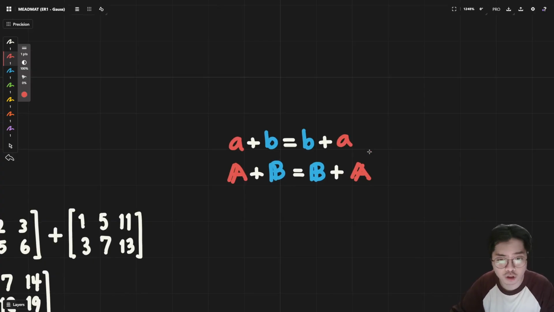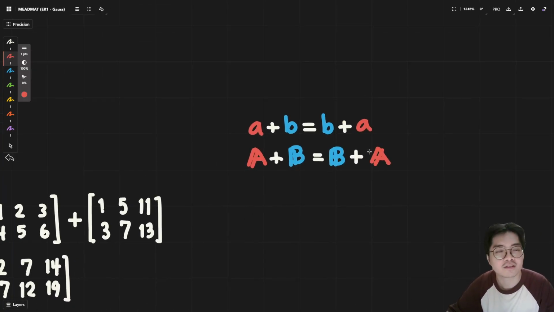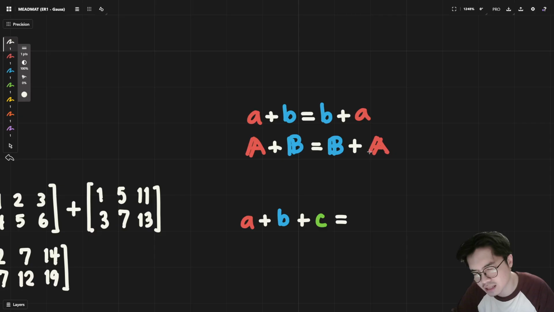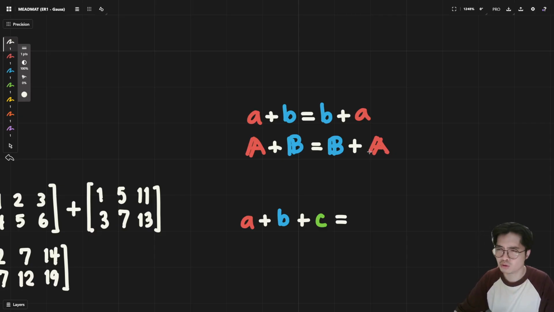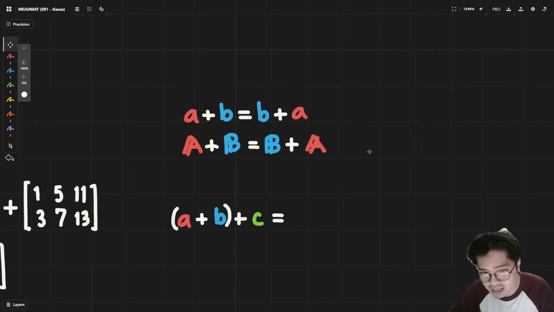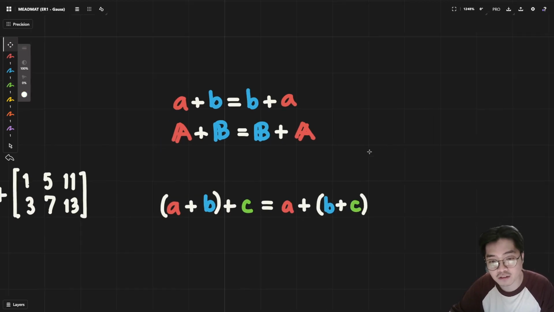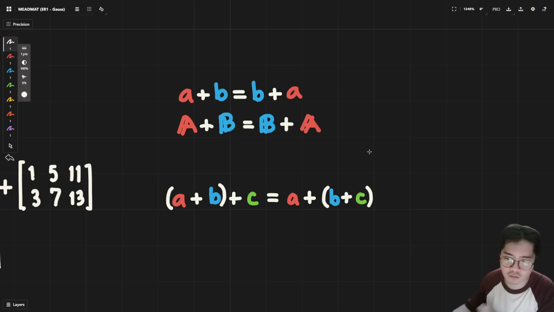Say we have a plus b plus c. The hard part to think about is what am I going to do first? Will I add a and b first and then c? Or what if I just add b and c first, and add that to a? The thing about the associative law is that if it's a number, it doesn't matter.